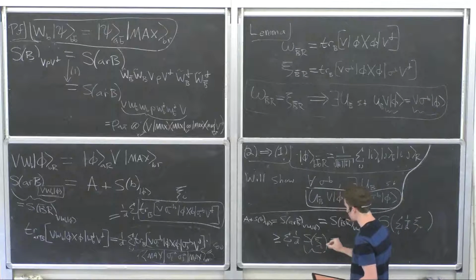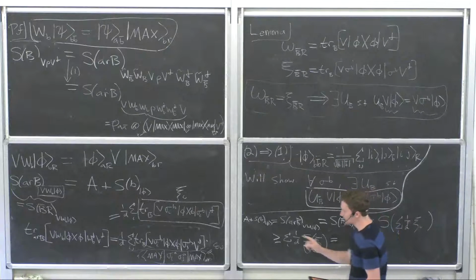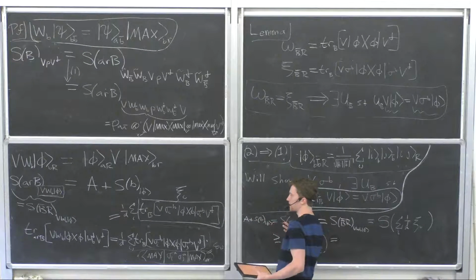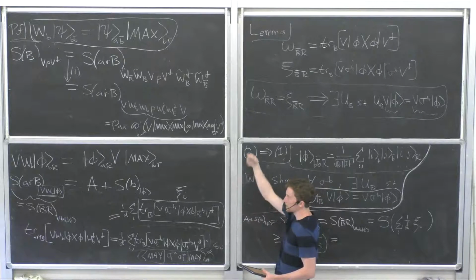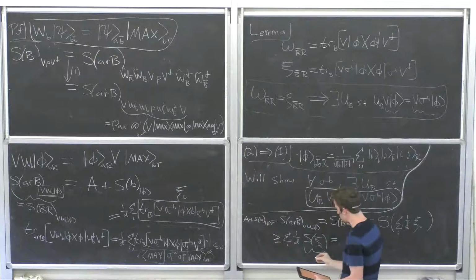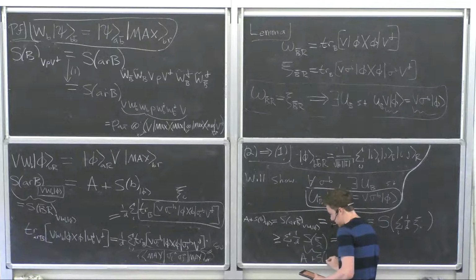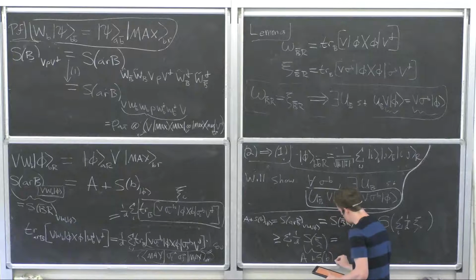This S of psi I, if you look at psi I, it's a kind of state that is governed by statement 2, and you're guaranteed by statement 2 that this equals A plus S of little b phi.